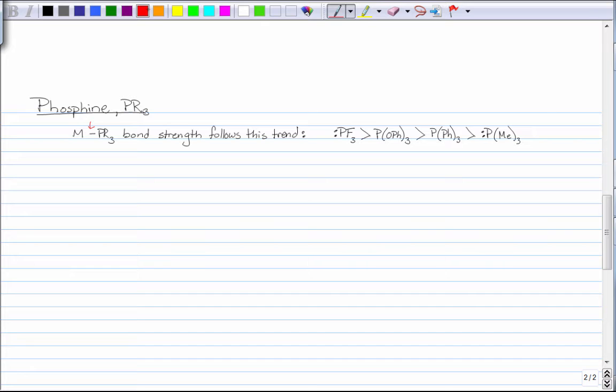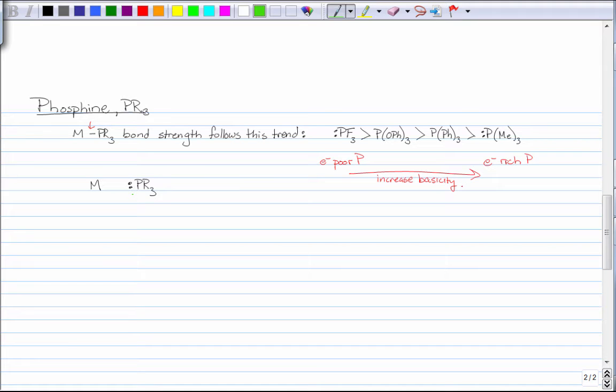And in fact, the phosphorus electron density is richer on the right-hand side than it is on the left, and we are increasing basicity from left to right. So, if trimethylphosphine is a better base, why isn't it making a stronger bond with metal ions?